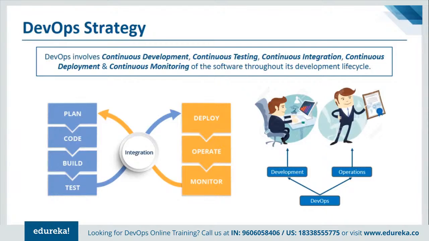So the DevOps strategy, since it involves the engineers having complete control of the application that's being developed, involves continuous development, continuous testing, continuous integration, continuous deployment, and continuous monitoring of the software throughout its development lifecycle, right?